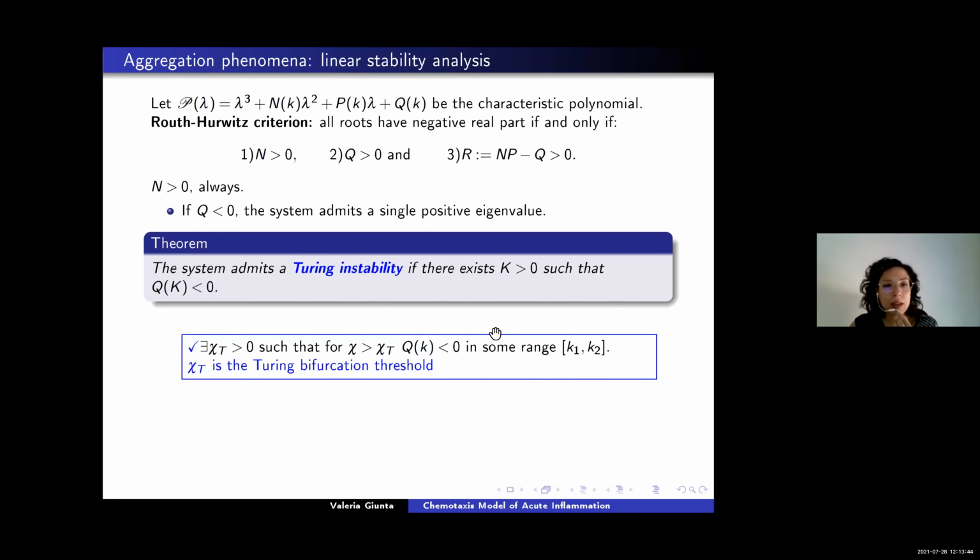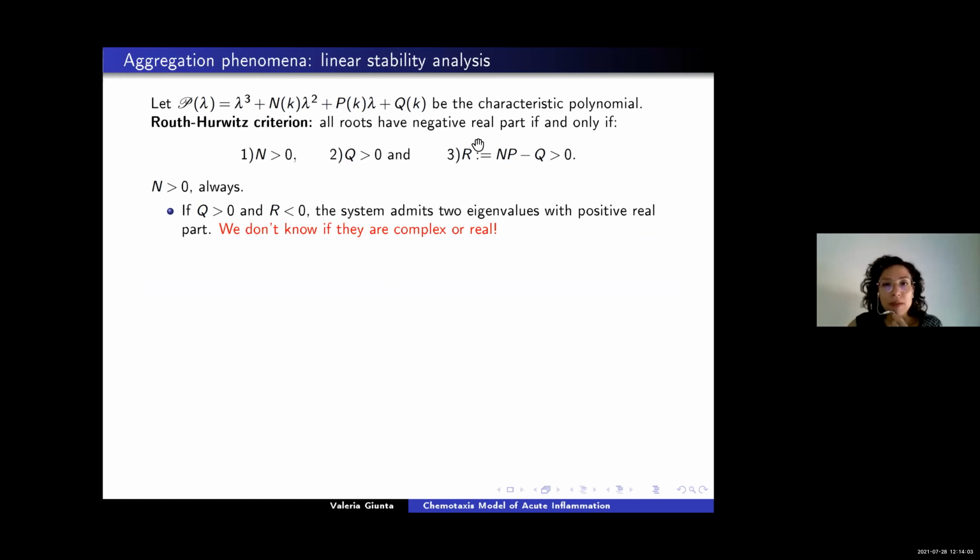And for any parameter choice, we have seen that there exists a threshold such that if chi, the chemotactic parameter, is greater than this threshold, then the system admits a Turing bifurcation.